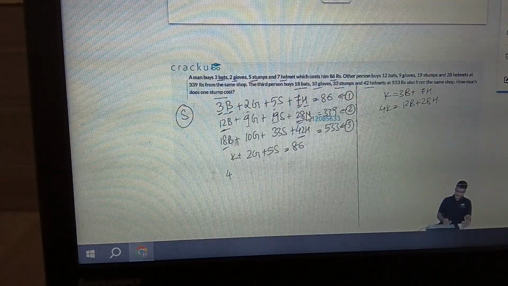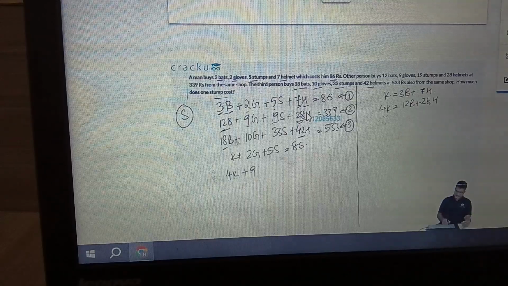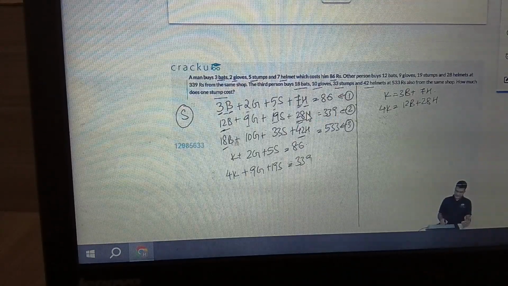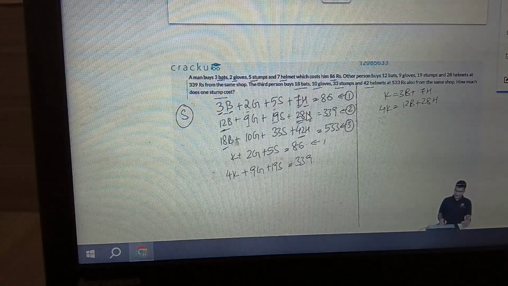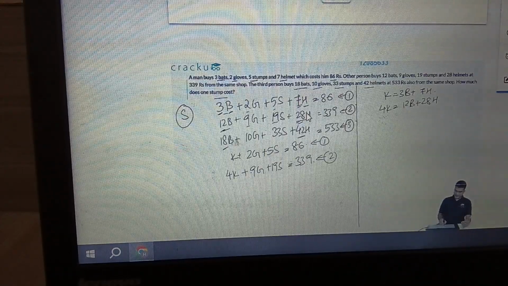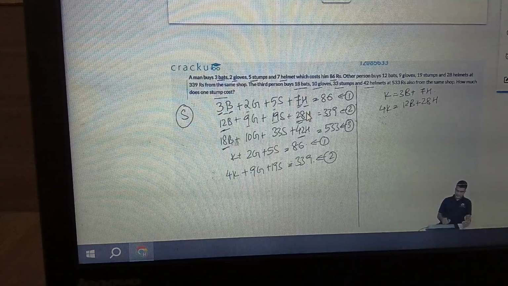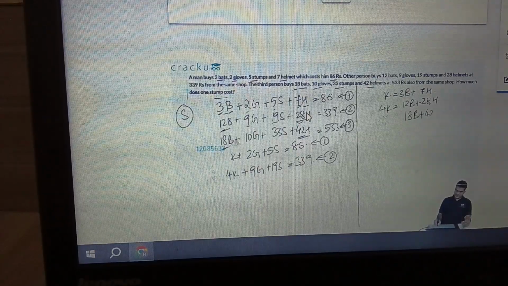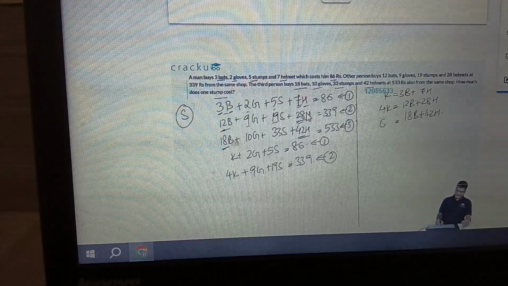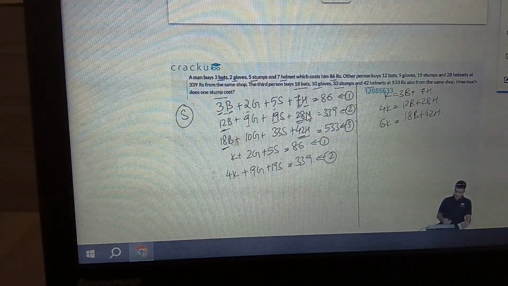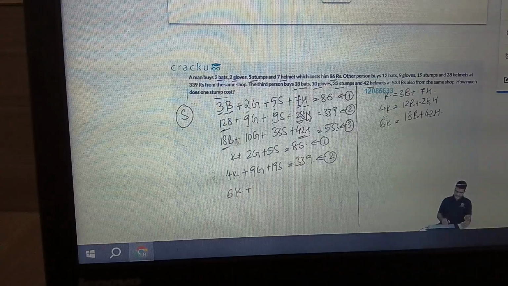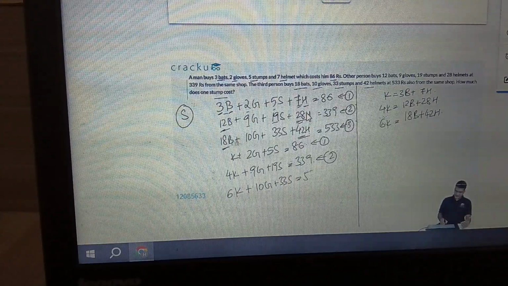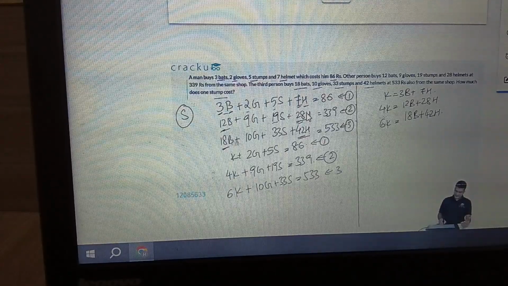So this would imply that 4k plus 9g plus 19s is equal to 339. This is the new second equation. And in the third equation, you have 18b plus 42h. What is the value of 18b plus 42h? This will equal 6k. So now you have 6k plus 10g plus 33s is equal to 533. So this is the third equation.